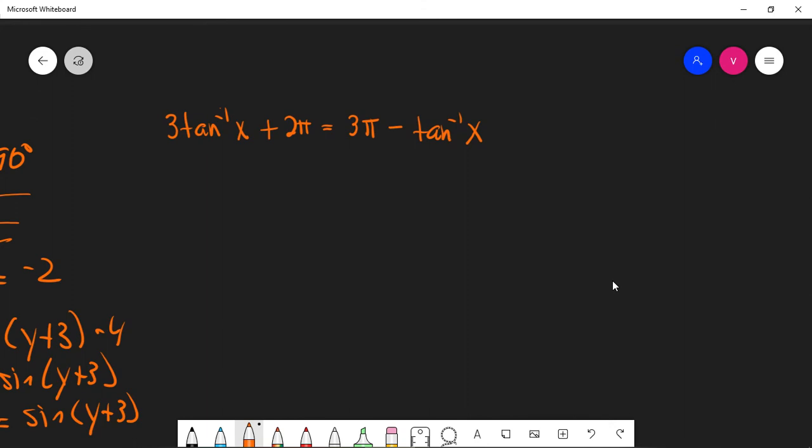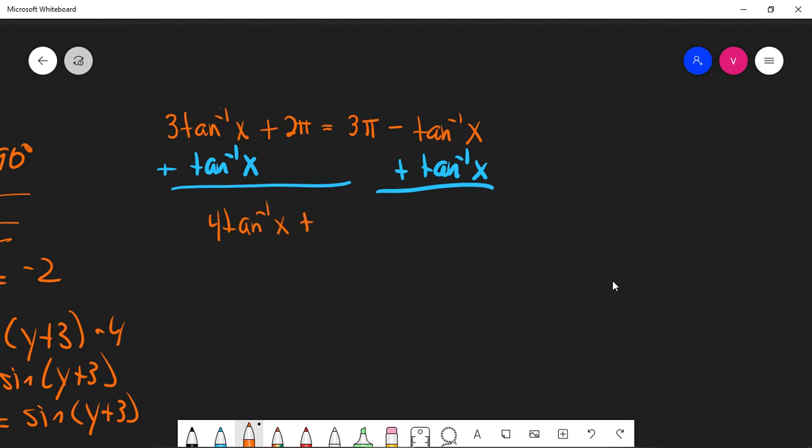This last one, think algebra. Let's get all the tan inverses together here. So let's add tan inverse to both sides. So you're going to end up with 4 tan inverses here, plus 2 pi equals 3 pi, right? Those are gone now.